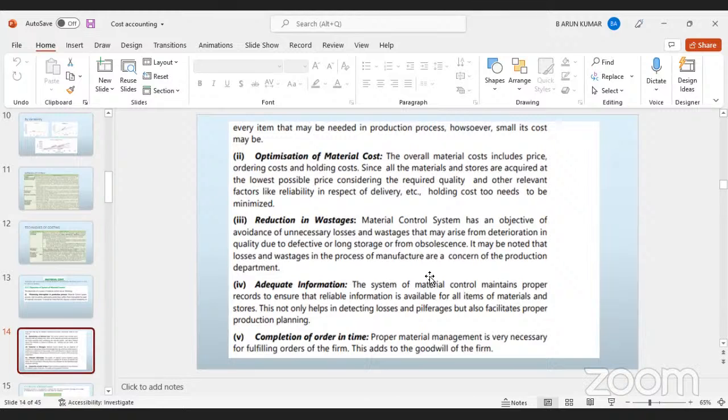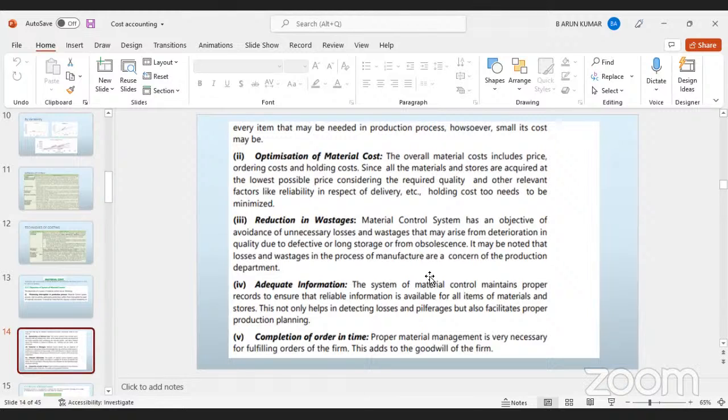The third one is reduction in wastages. This material controlling system has the objective of avoiding unnecessary losses and wastages that may arise from deterioration in quality due to defects or long storage, or from obsolescence.